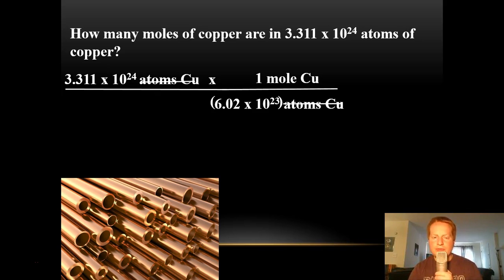Well, if you don't use parentheses, your calculator will see this as 3.311 times 10 to the 24th divided by 6.02, and the whole thing times 10 to the 23rd, rather than this big whole number divided by this whole number. So it's really important that you put it in parentheses when you're dividing. If you're having trouble remembering, just put it in parentheses every time. But okay, so we go to divide and we get this proper answer.